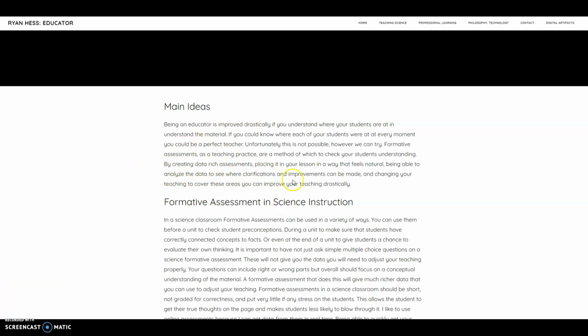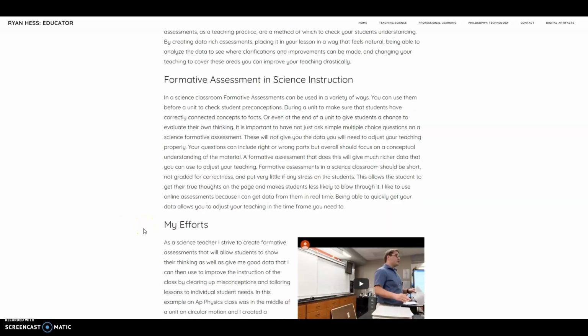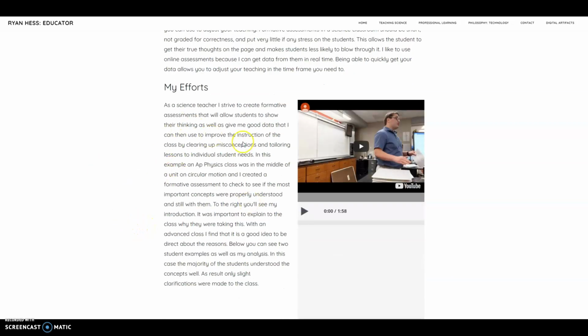By creating data-rich assessments, placing them in a lesson in a way that feels natural, and analyzing the data to see where clarifications and improvements can be made, you can change your teaching to cover the areas where you see your students lack understanding. As a science teacher, I want to create assessments that allow students to show their thinking as well as give me the data that I need to improve the instruction of the class.